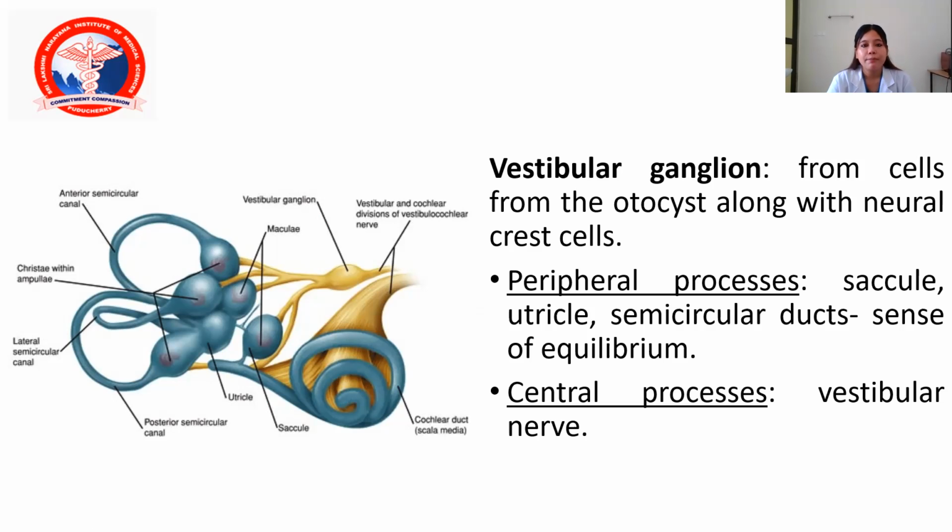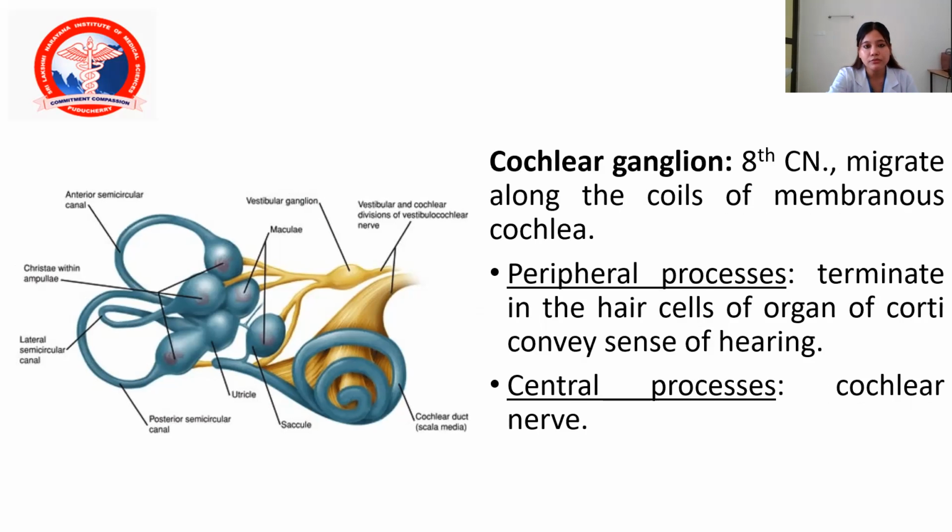It consists of bipolar cell neurons, with peripheral processes and central processes. Peripheral processes innervate the saccule, utricle, and semicircular ducts, which are responsible for the sense of equilibrium. Central processes form the vestibular nerve.